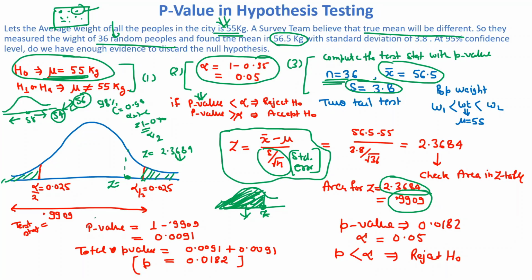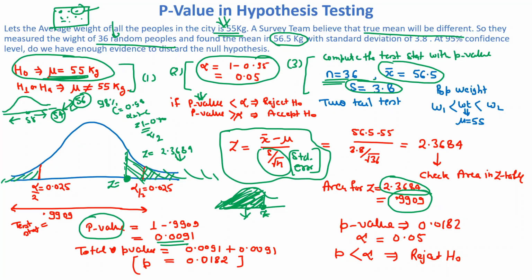So how do we calculate the p value? The p value would be 1 minus the total left area, because the total area from minus infinity to positive infinity is 1. We know the left area, and if we want the right area beyond the test statistic, we subtract from 1.